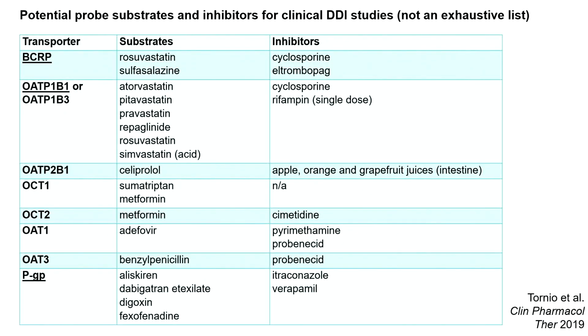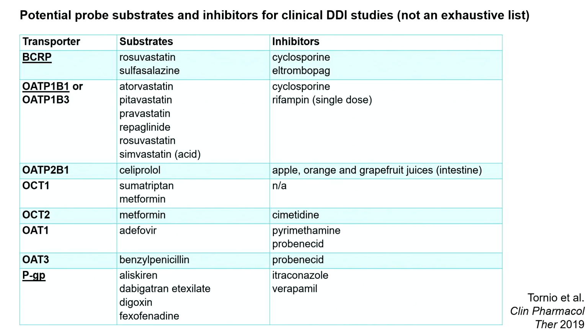Regarding the probe substrates, there are several lists for these substrates and inhibitors, and some of the substrates and inhibitors are more selective and better than others. For example, for OATP1B1, for inhibitors, we have cyclosporine and rifampicin.